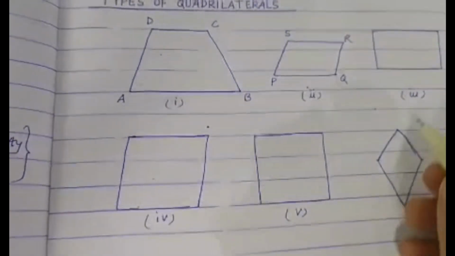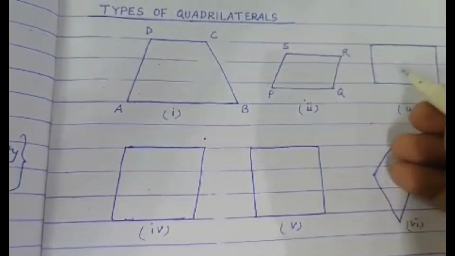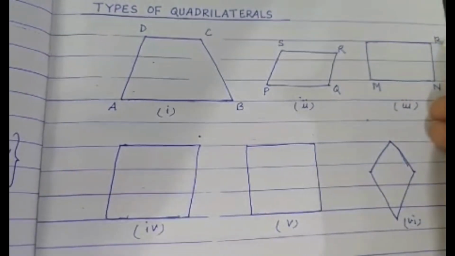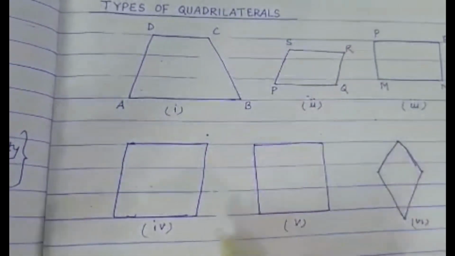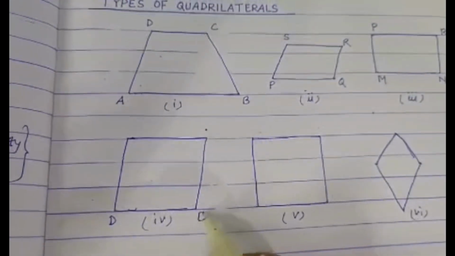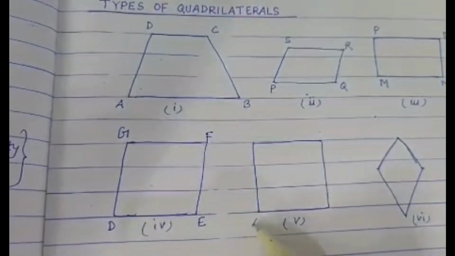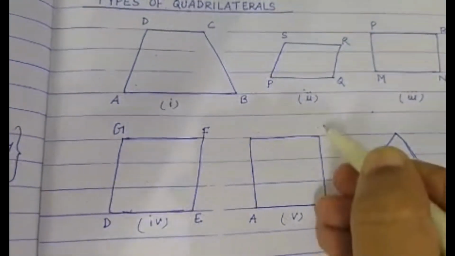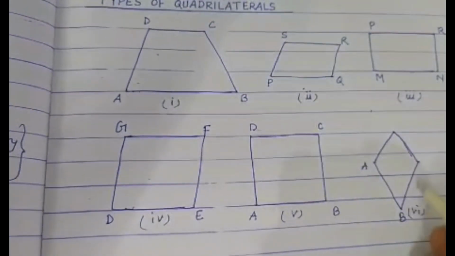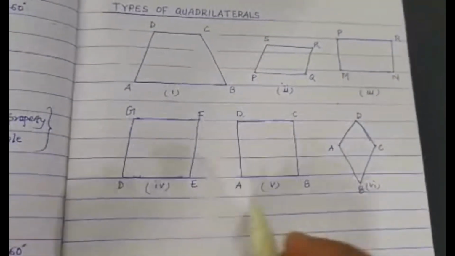Let us name them A, B, C, D, P, Q, R, S, M, N, R, P, D, E, F, G, A, B, C, D. So we have drawn 6 figures.